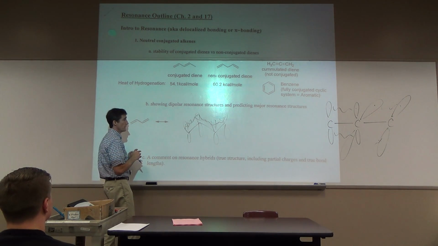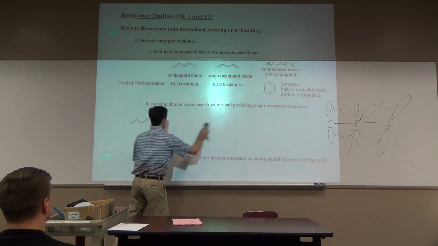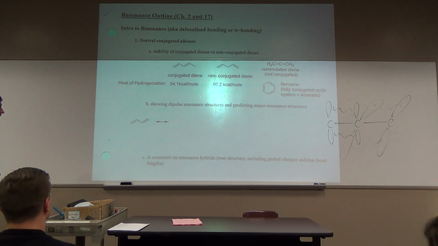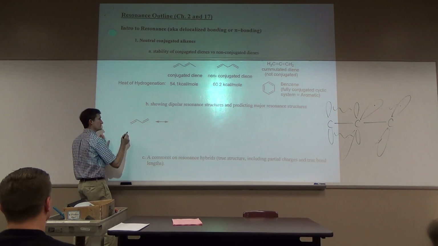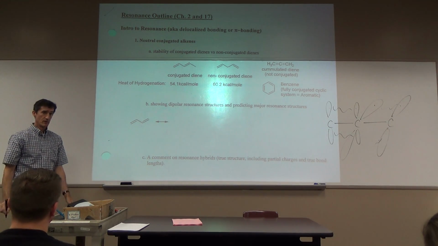Okay? That's the same as we drew above. Dipolar resonance structures. Let's go ahead and do it. I may quickly move on below because we can polarize. Pi bonds are very polarizable.